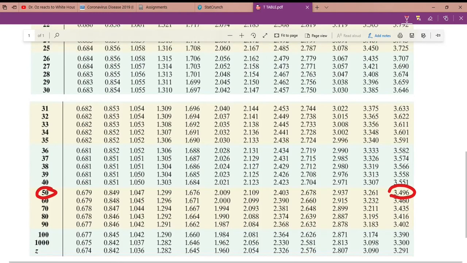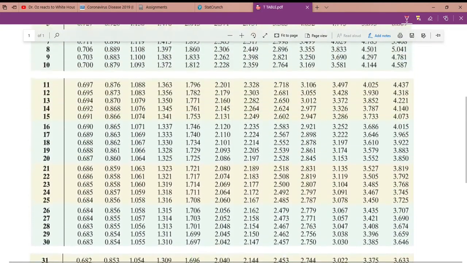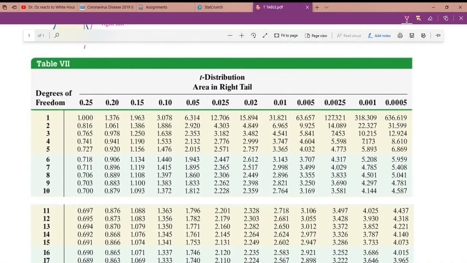Since we can't bound it completely, we can still bound it on the lower end. So our p-value has to be less than 0.005. Our test statistic is further than the table can provide.